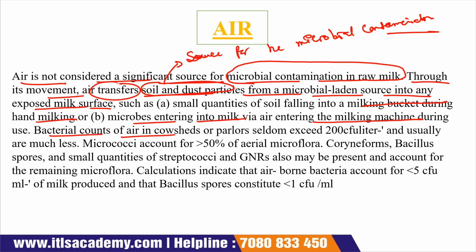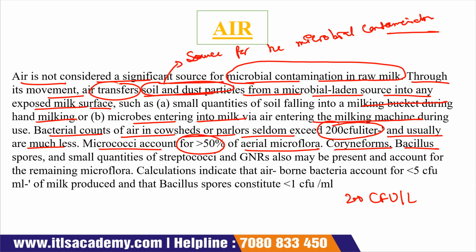Bacterial count of air in a cow shed or parlor seldom exceeds 200 CFU per liter, and is usually much less. Micrococci account for less than 50% of aerial microflora.